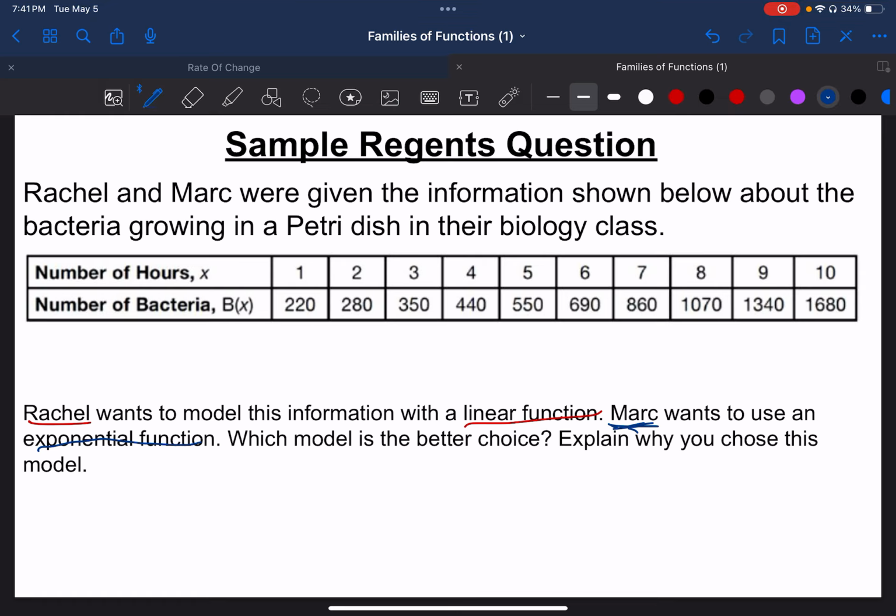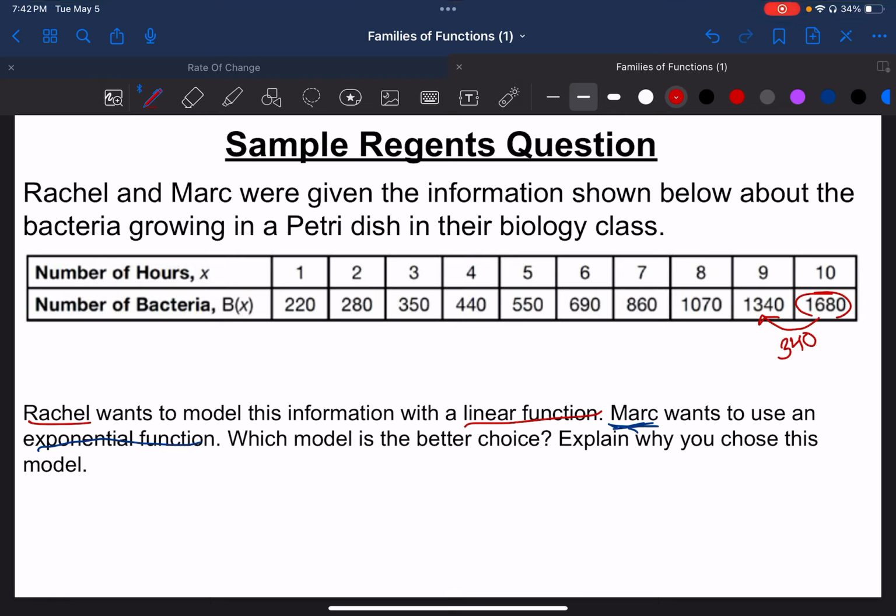And if we get the same difference, then that means it's a linear. So let's start with 1,680, and in my calculator, I am subtracting that minus the one right before it. So 1,340. And the difference is 340. Okay.